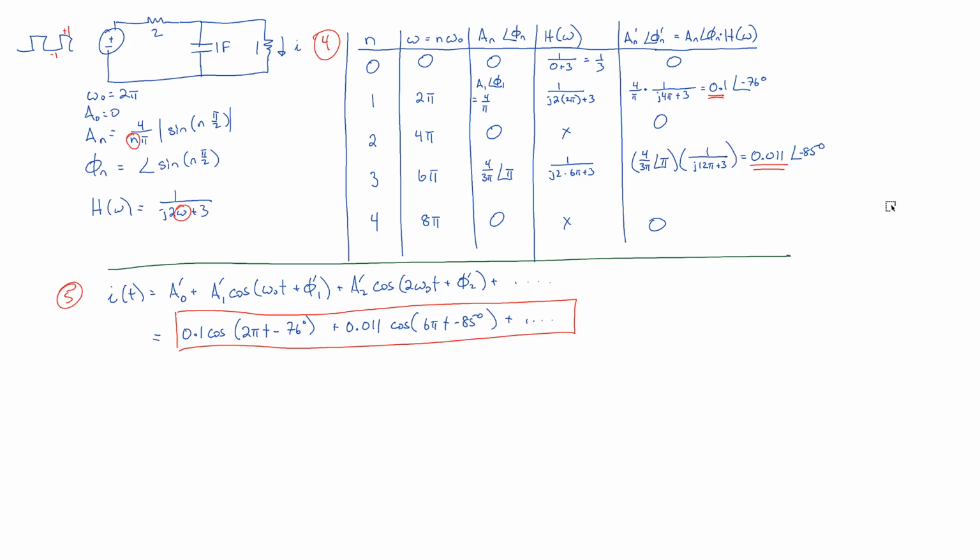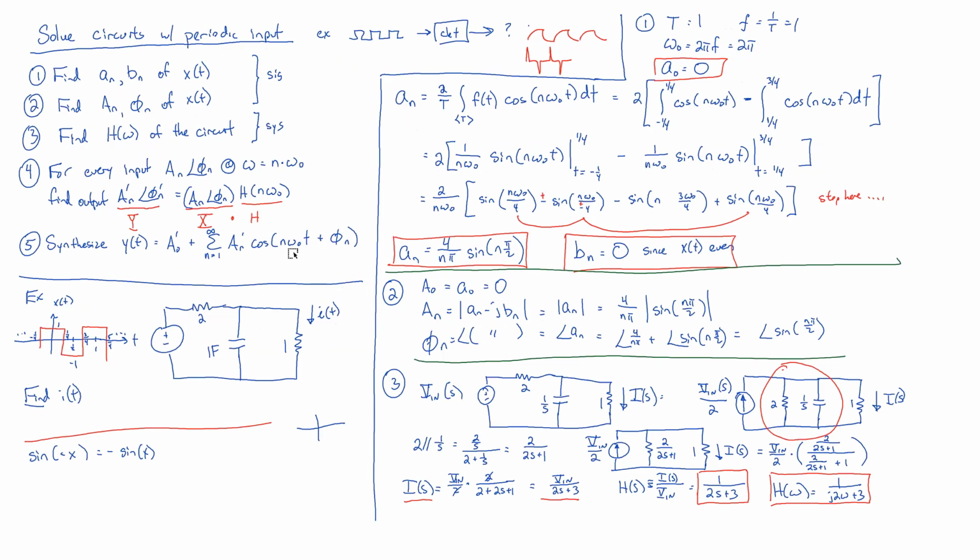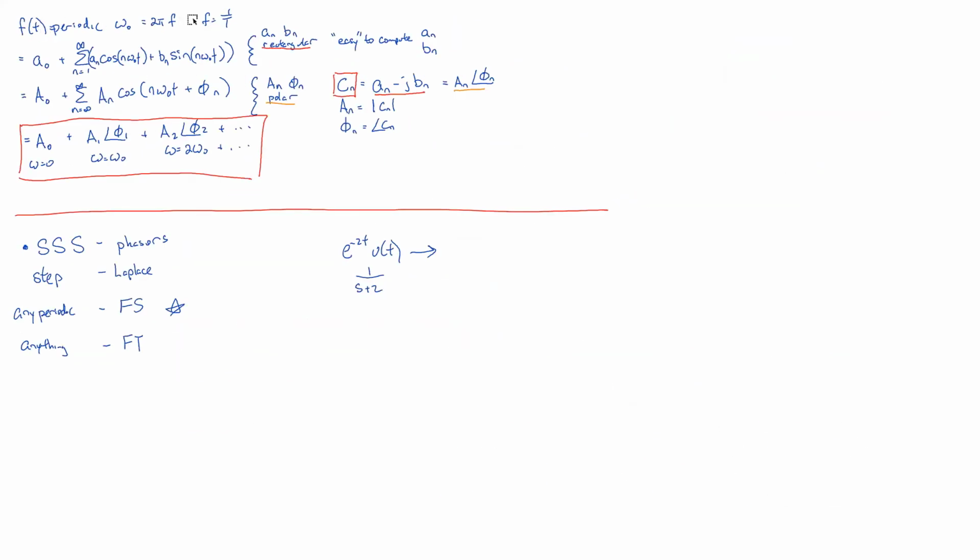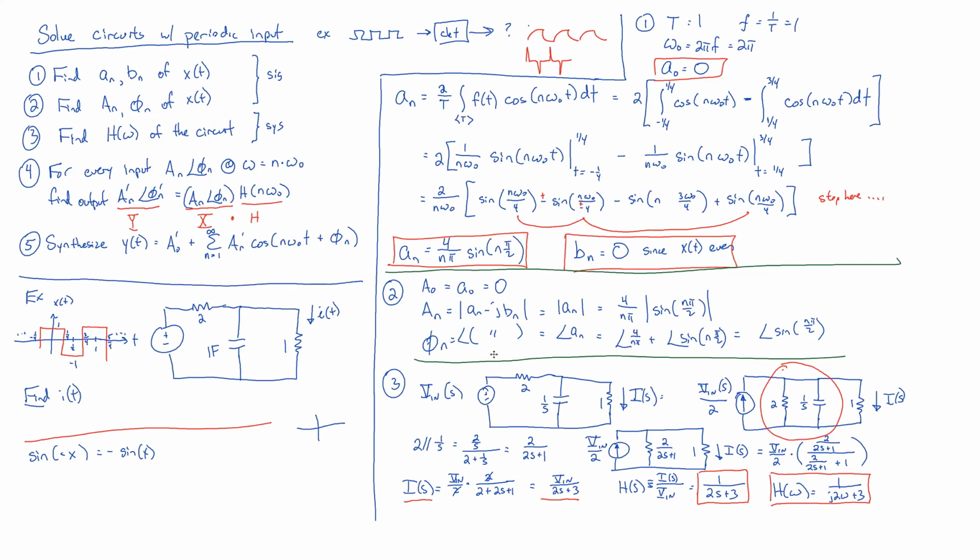So let's just review everything, because that was a lot. Big picture of what we're doing is we're taking an input, any periodic input to a circuit at all, and breaking it apart into a bunch of input phasors, using the techniques, and that's what all this page was about.